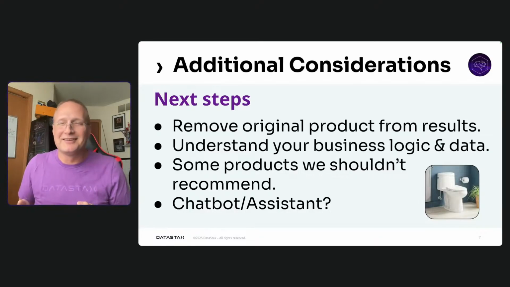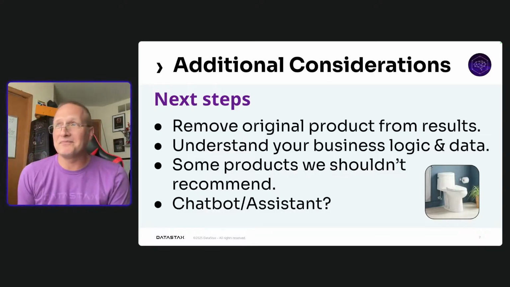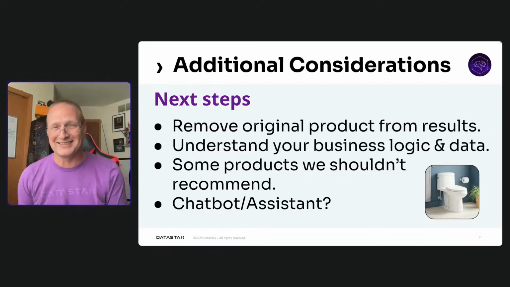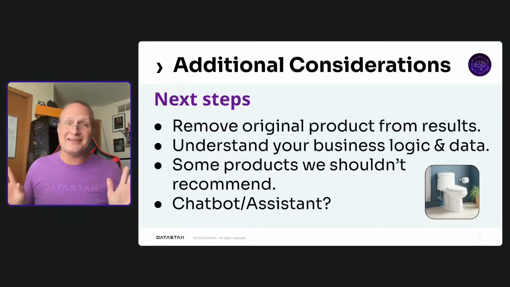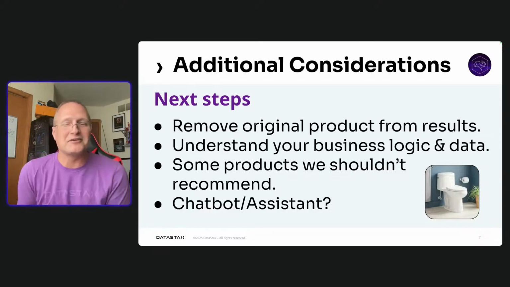Well, the top product that would always come back was this super expensive industrial drill press, and each one was several thousand dollars. And our chief of marketing was just laughing at that, like, wow, you guys are really promoting that drill press. And we're all just like, hey, all we have to do is sell one, right? And that'd be pretty good. Anyway, I digress. But the point is, make sure that you understand your product data and a little bit about the business logic that goes behind it.